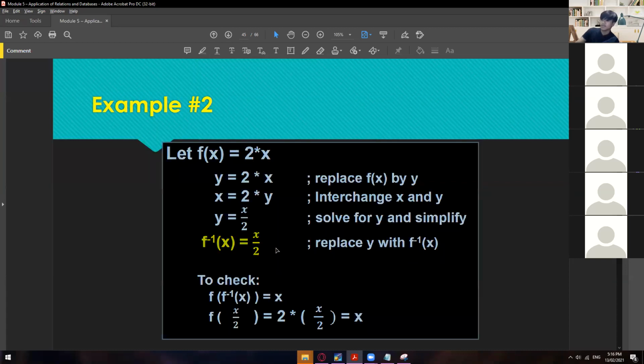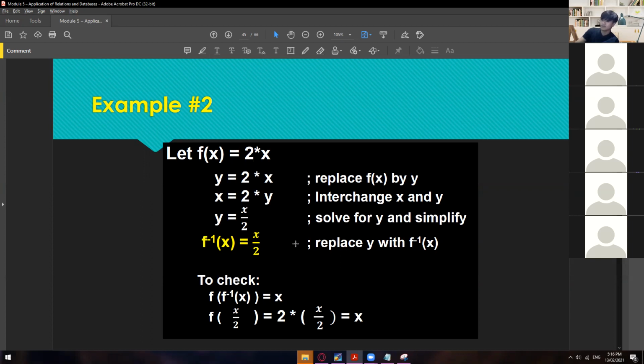So just memorize these 4 steps that we have: replace, interchange, solve for y, and then replace again. Then you have a way here to check whether your answer is really correct or not.